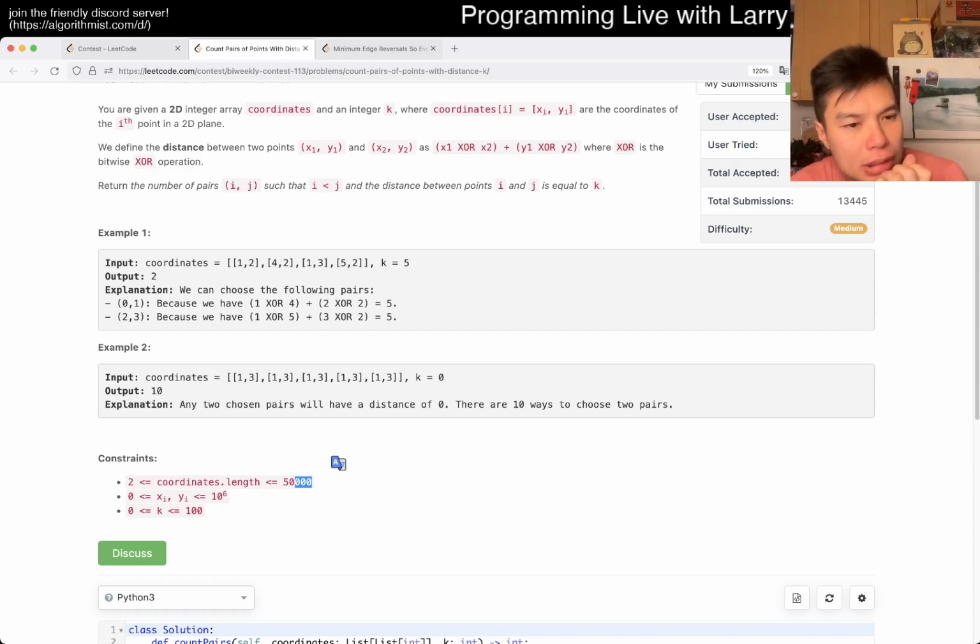At most 7 bits. But it's 2 to the 7. Another tricky one.